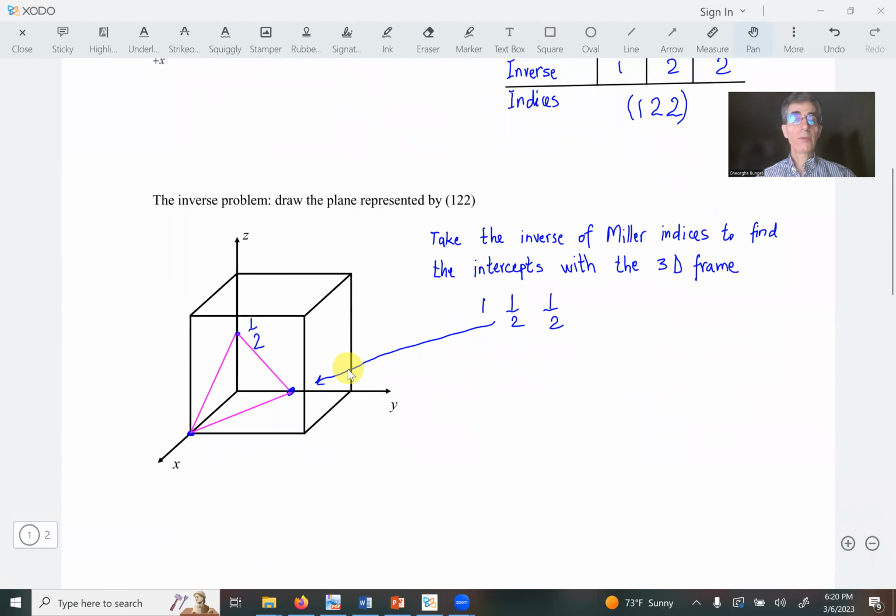If the indices are 1, 2, 2, then the inverses will be 1, 1/2, and 1/2. So the x-intercept is at 1, the y-intercept is at 1/2, and the z-intercept is 1/2. Then we draw the plane between all 3 points.